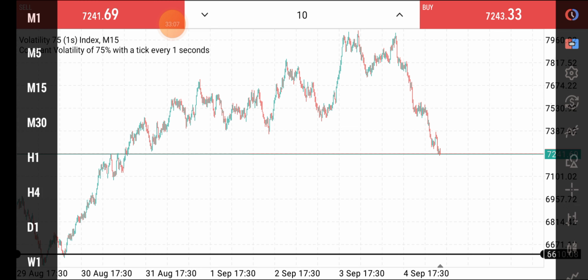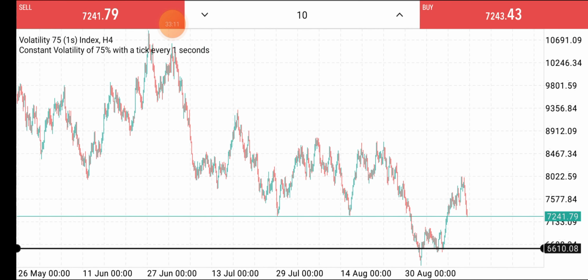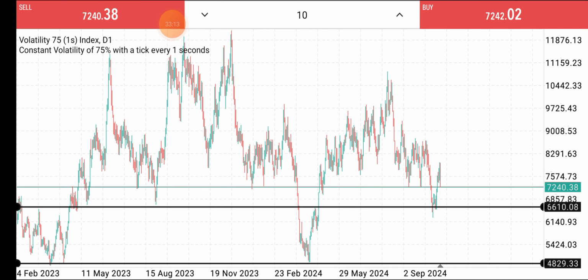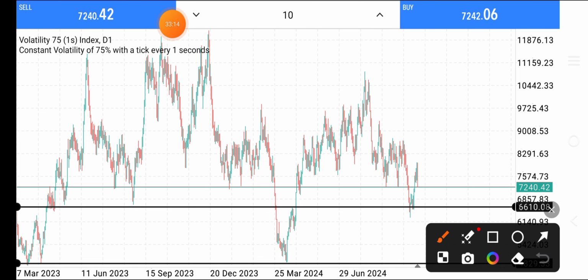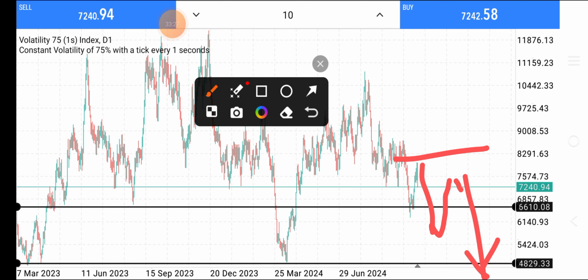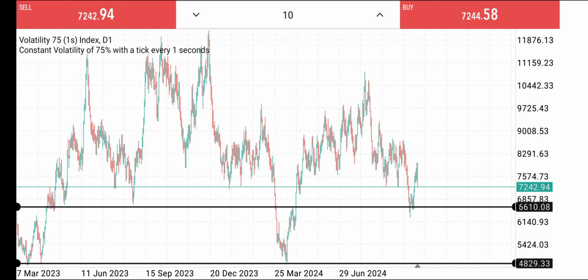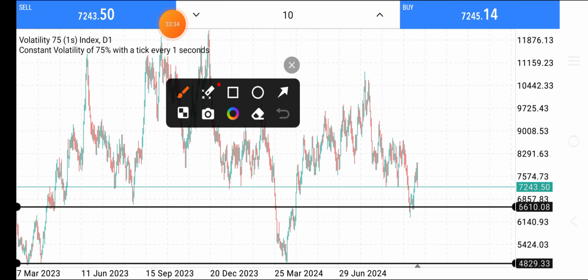Remember I said from the H4, what we are looking for from the D1 is, if it breaks lower than this, a change of character again, and it doesn't go higher than above this, then we look for a retracement, and now we look for a sell. But if it doesn't do that, it breaks out.